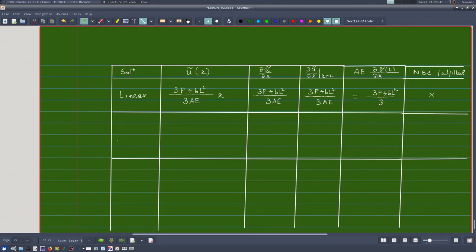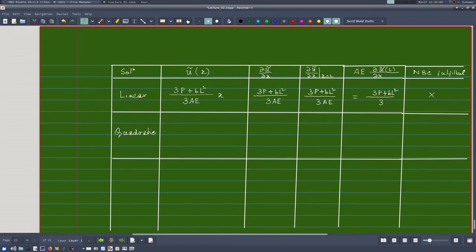And if we take the quadratic solution, I didn't solve it here, but I am giving you the results.